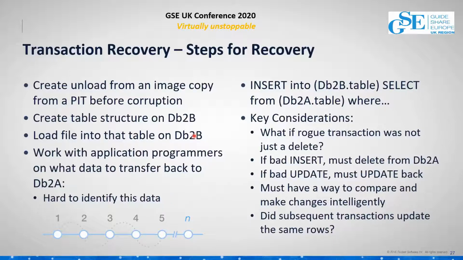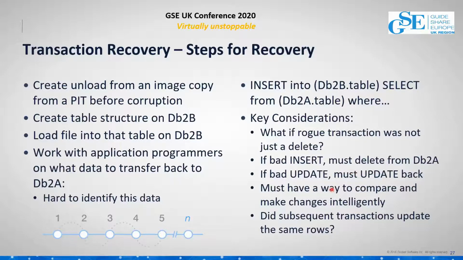You could, depending on what went wrong, just go with insert from select. If there was a wrong insert in DB2A, you may want to delete that data again. If there was a bad update, you must create the right update statement to set the values back to the original.